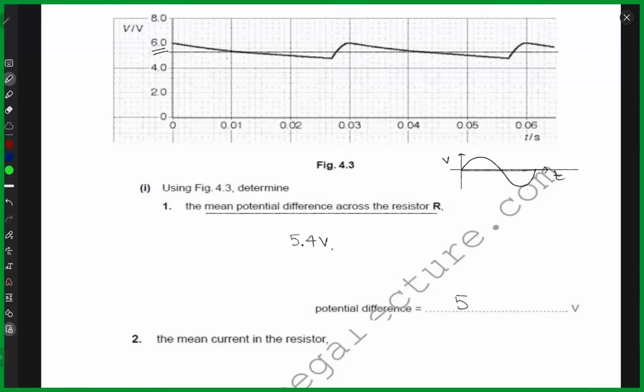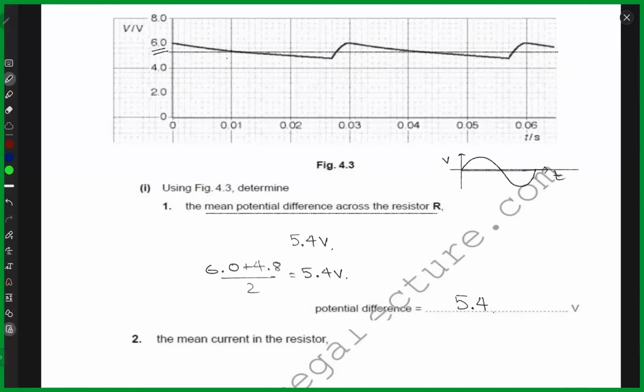So is that clear? Yes. So you can do it this way, or in the way that you suggested. It would be 6.0 plus 4.8 divided by 2, which is 5.4 volts.